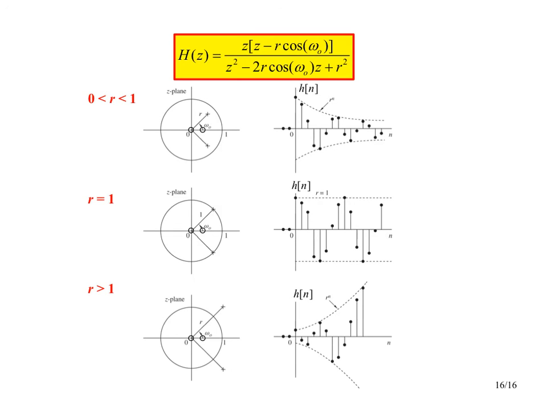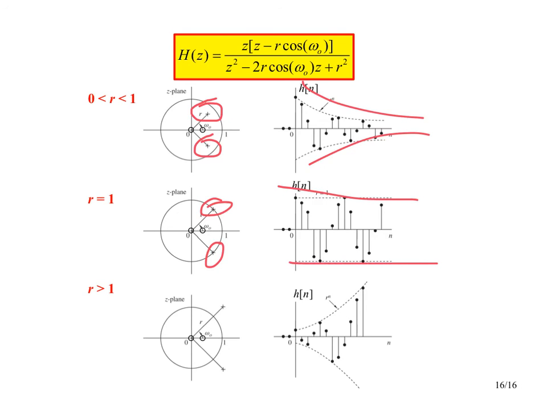And then we get a second order system with some complex roots, and we can see that when we have poles inside the unit circle, it's going to decay. On the unit circle, it never really decays, at least in overall height. And then outside the unit circle, it's going to explode.